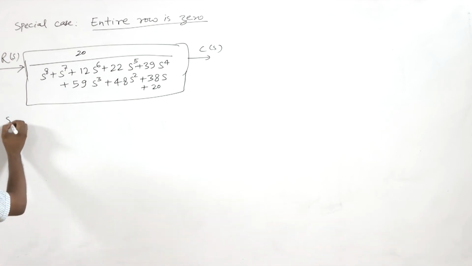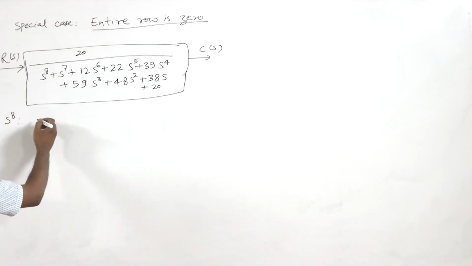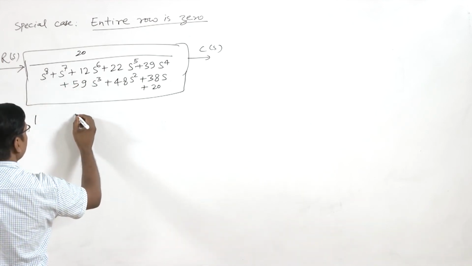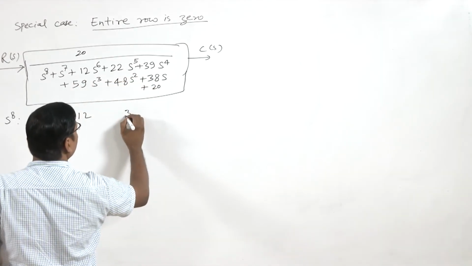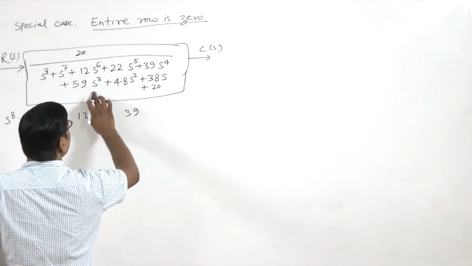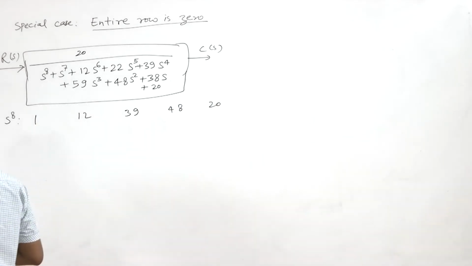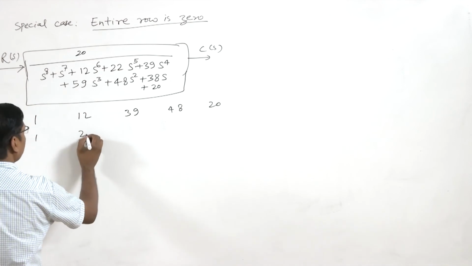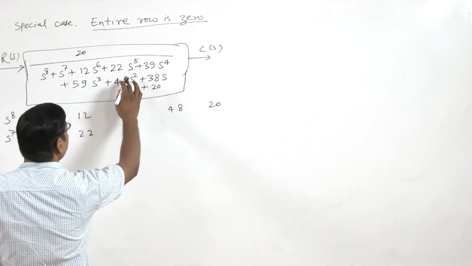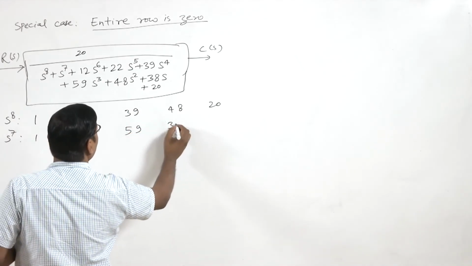So we have S8, we have here 1, then 12, then 39, then 48, and then 20. Then S power 7, so we will have 1, 22, then 59, then 38, then 0.